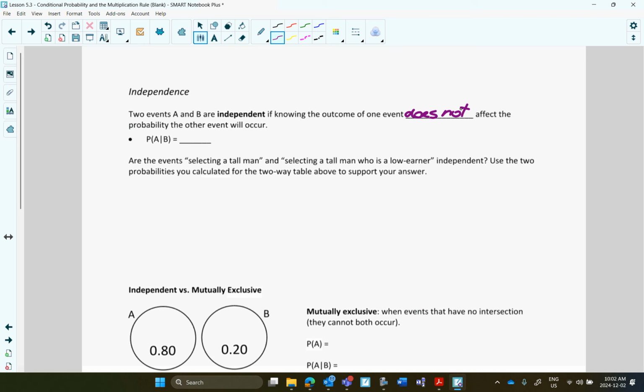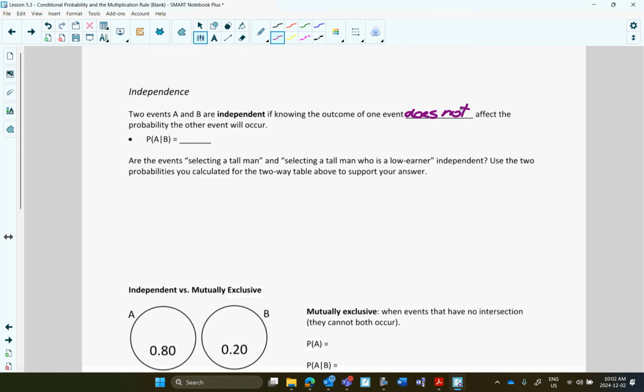Okay? So before we get into this example, let me give you another example with cards. How many cards are in a deck? 52. Okay?